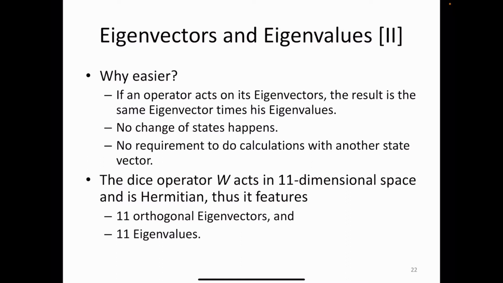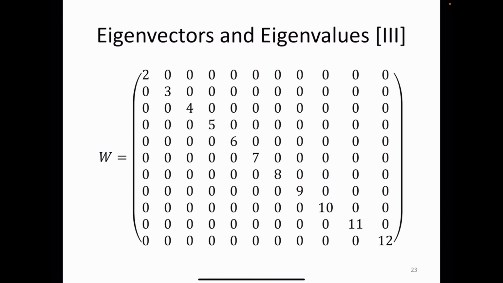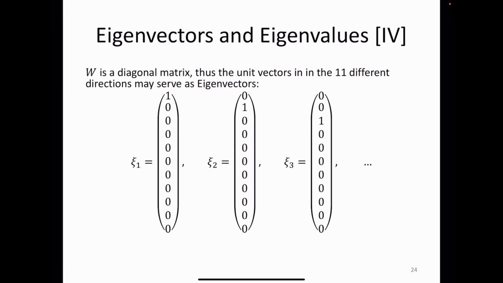If you remember that dice operator from before, which acts in 11-dimensional space and is Hermitian, its features are 11 orthogonal eigenvectors and 11 eigenvalues. If we look at that operator again, you remember we defined it to be this matrix, and the unit vectors in the 11 different directions are orthogonal to each other, so they may serve as eigenvectors.